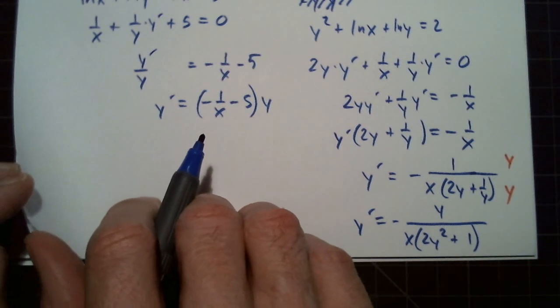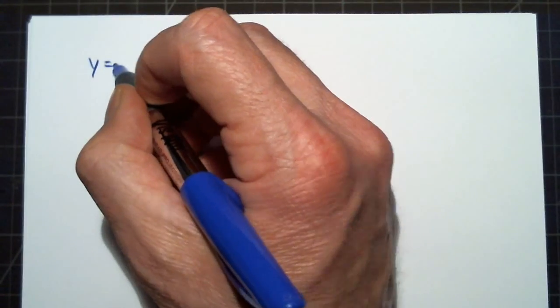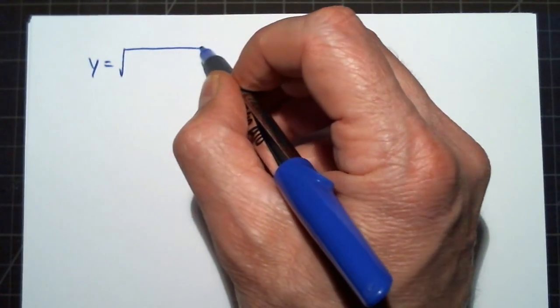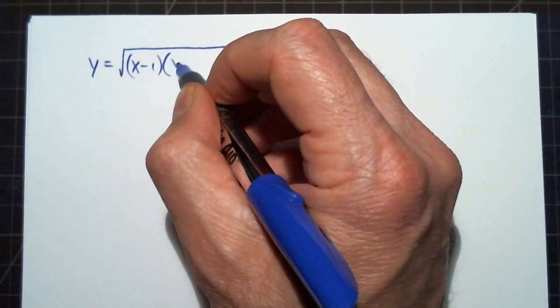Alright, so that's a review of derivatives of logarithms. And now let's do logarithmic differentiation. So logarithmic differentiation doesn't even have a logarithm in it, but we put a logarithm in it so that we can use the properties of logarithms.